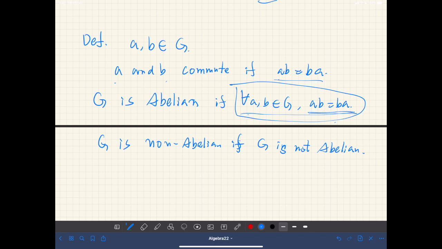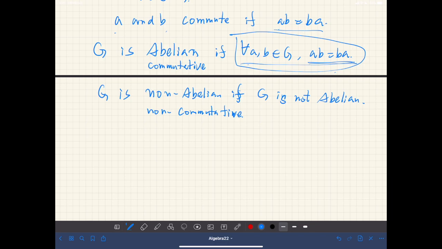If there is at least one pair of elements that do not commute, then the group is non-abelian. Or for non-abelian we say non-commutative, and for abelian we say commutative group.